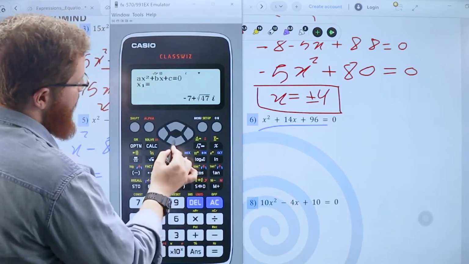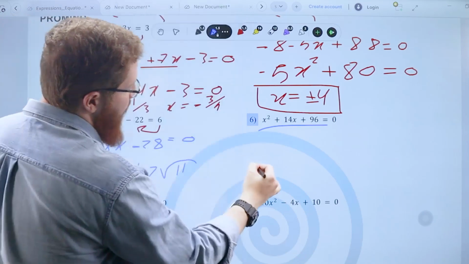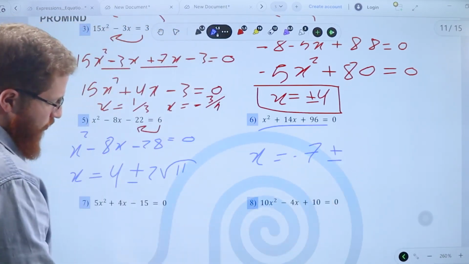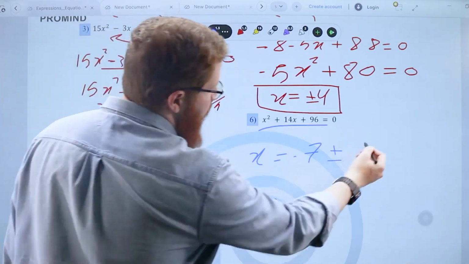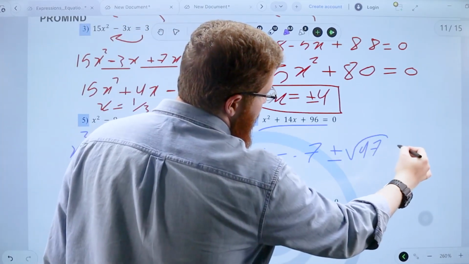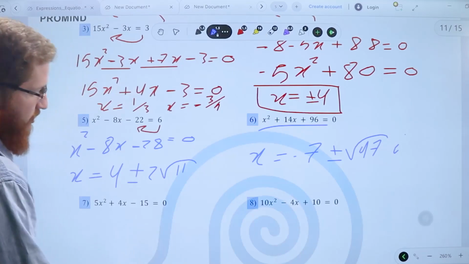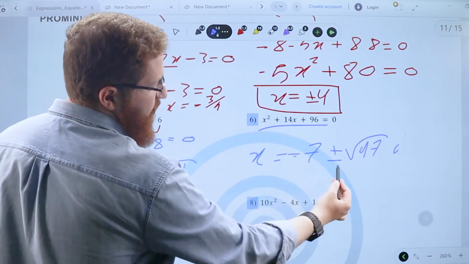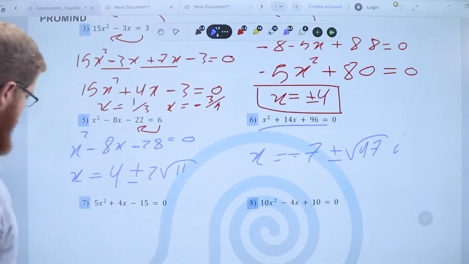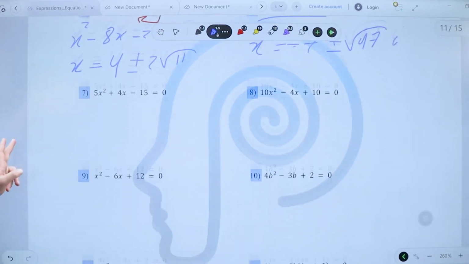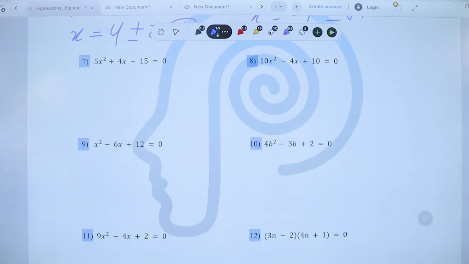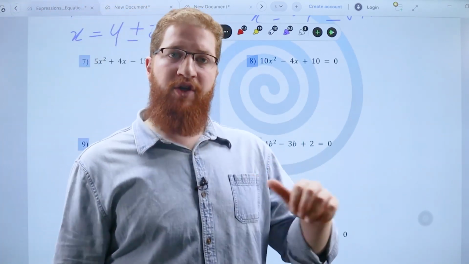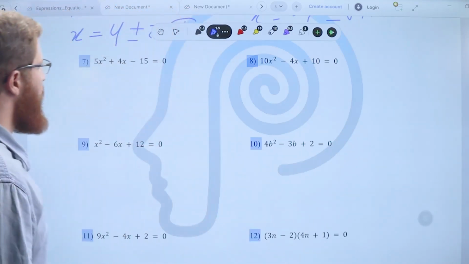So here I have the complex conjugate, x equals minus 7 plus minus square root of 47, right? Yes. Radical 47i. I have complex numbers here. The real part is here and the imaginary part is there. Okay, very good. Now try stopping the video and try doing these by yourself.